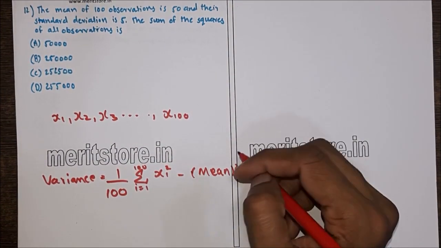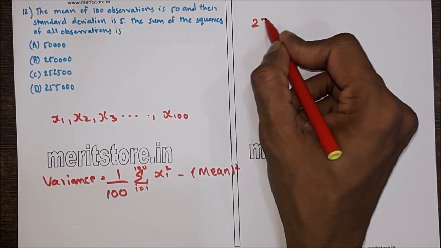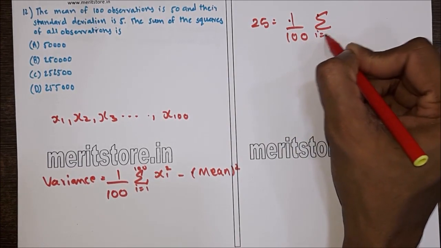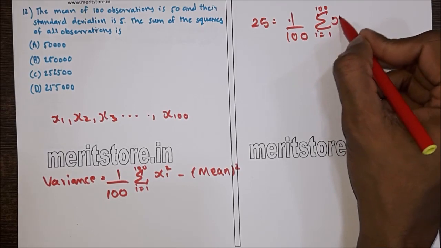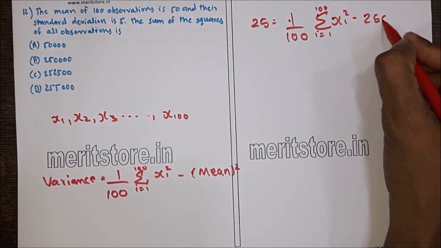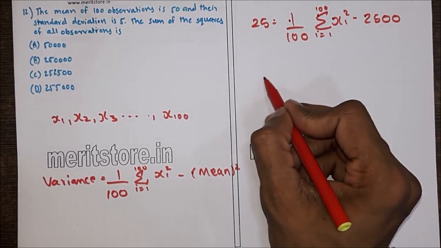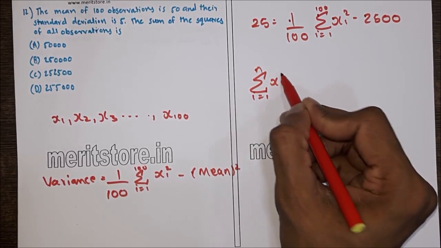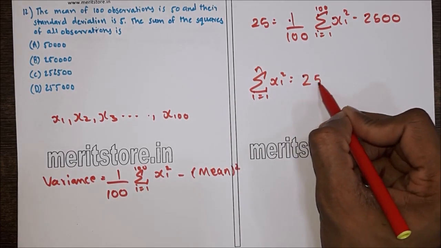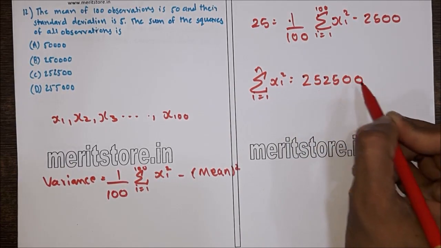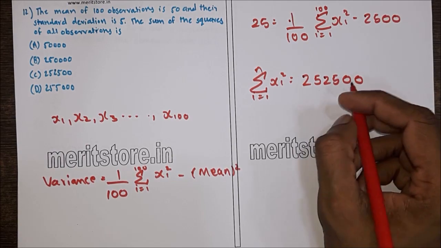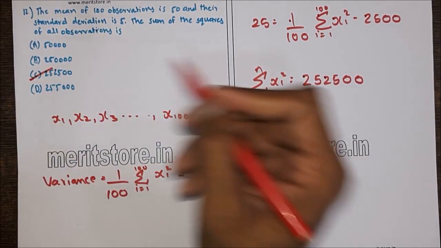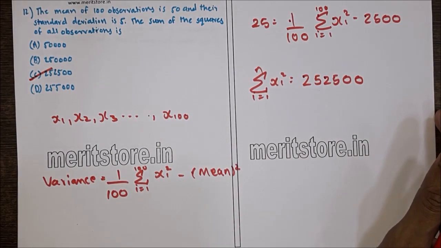Substituting the values, we get 25 equal to 1 by 100 summation of i equal to 1 to 100 xi square minus 2500. For solving this, we get summation of xi square equal to 252,500, which matches with option C. Therefore, option C is the correct answer.